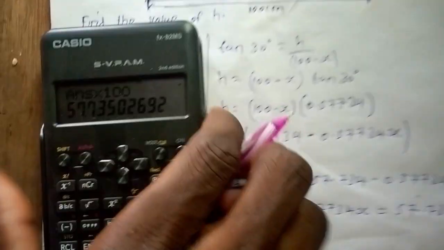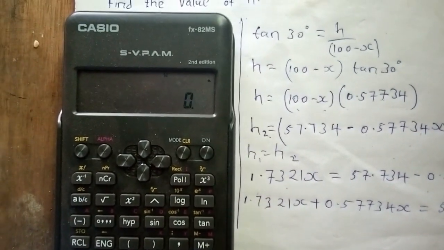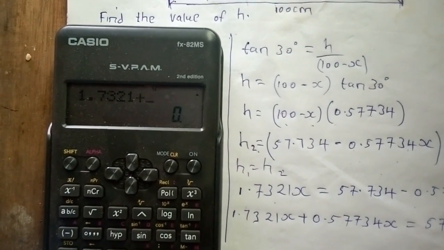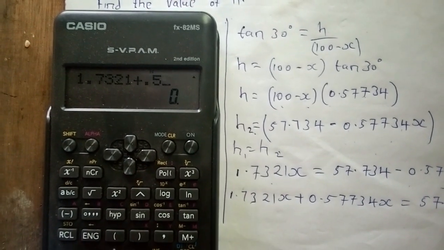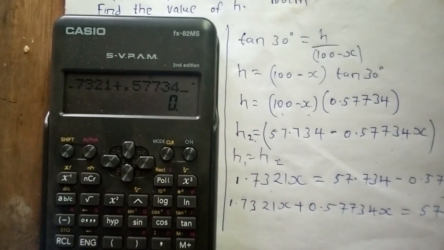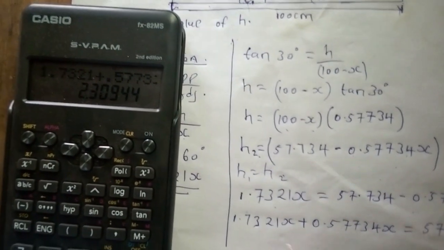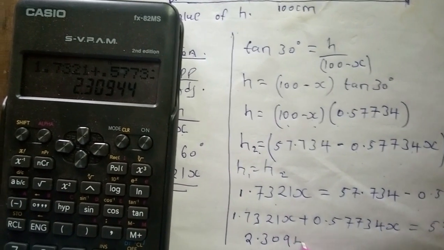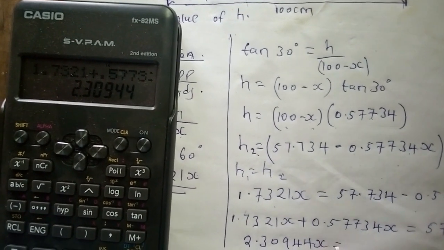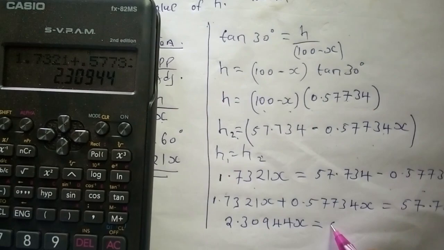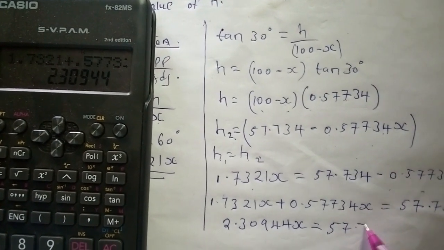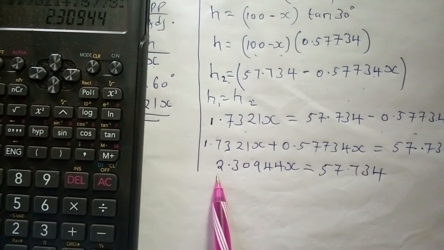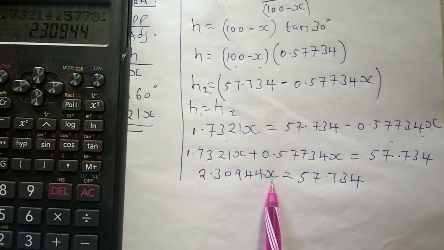Now let's add the two. 1.7321x plus 0.57734x gives us 2.30944x is equal to 57.734. Therefore, to find the value of x, make x the subject of the formula.